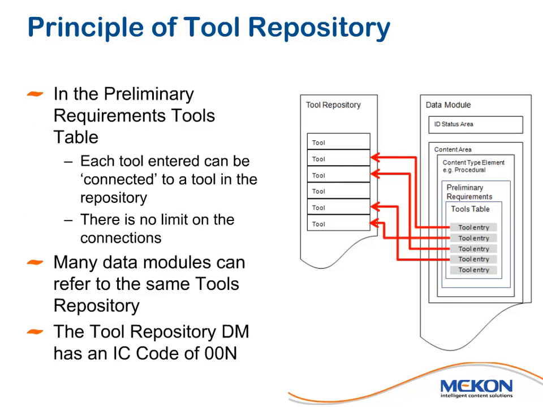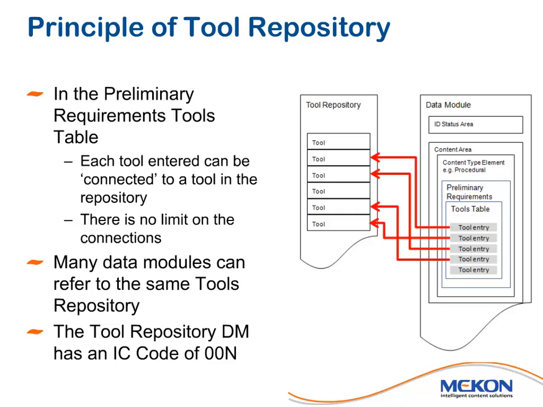The graphic at the right hand side, if you like, is a crude presentation of what actually happens. The document at the left hand side is the actual repository itself, and you can see that there are a number of tools which have been put in there to indicate that that's a tool definition, if you like. And on the right hand side is a data module.